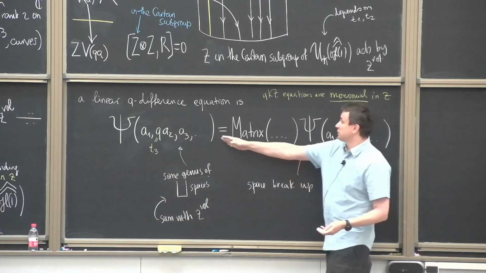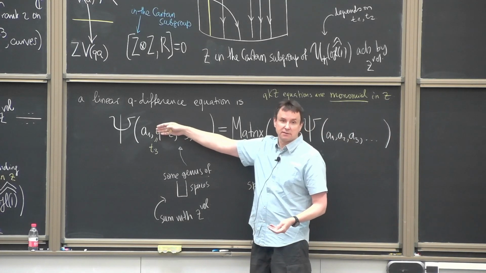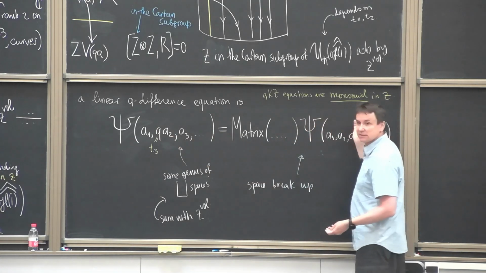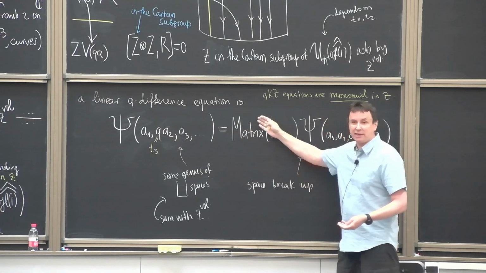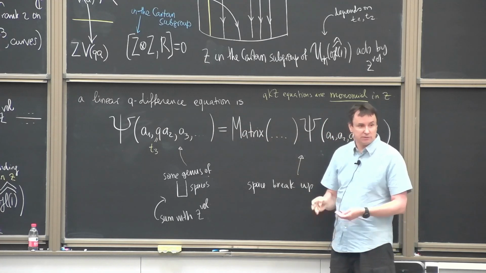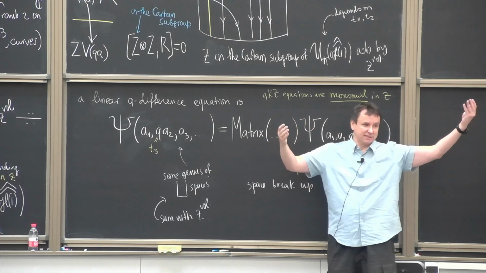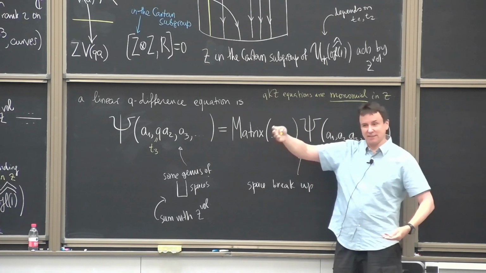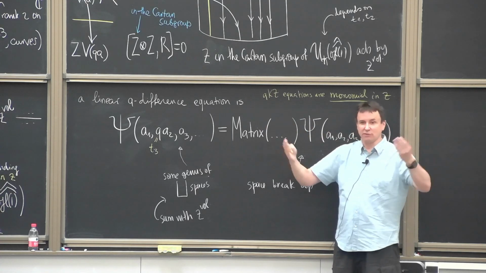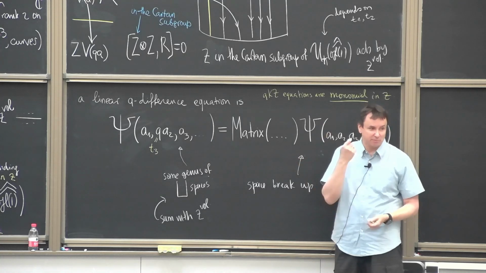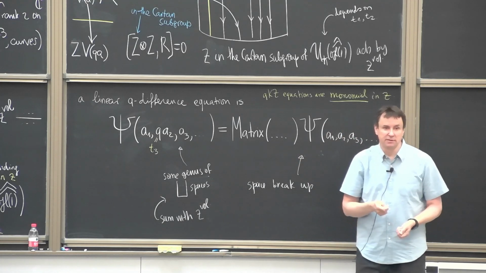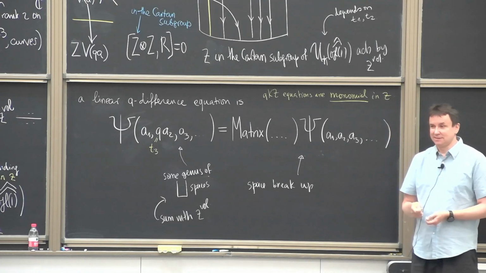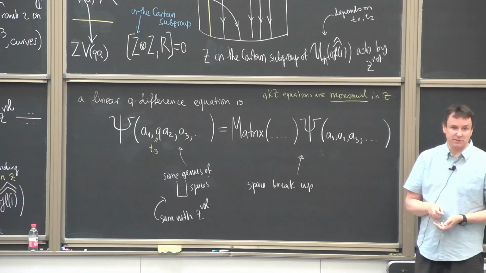This object is some series in Z, and this object is some series in Z. If you write the ratio, you expect this to be a series, one matrix series divided by another, but in fact it's a monomial. Every matrix coefficient is a monomial. It means some extremely strong statement.